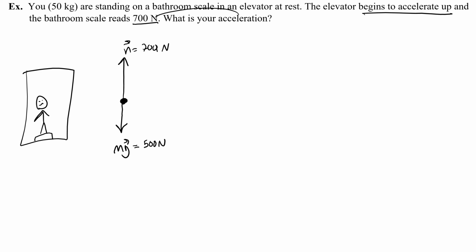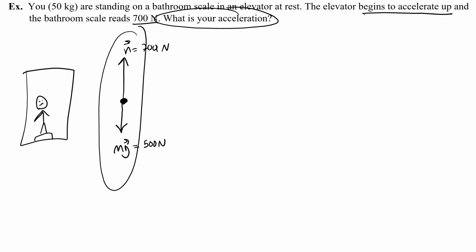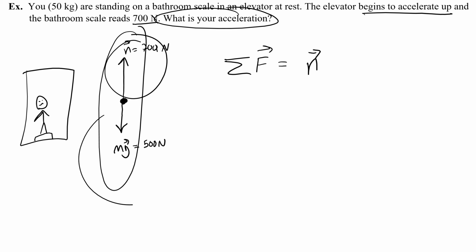So if I want to find your acceleration from this, then what I would do is I would say, okay, the net of these two forces. There's no x forces, they're all y forces, so we can just think the normal force is positive, so N, and the weight is down, so it would be negative, N minus mg.